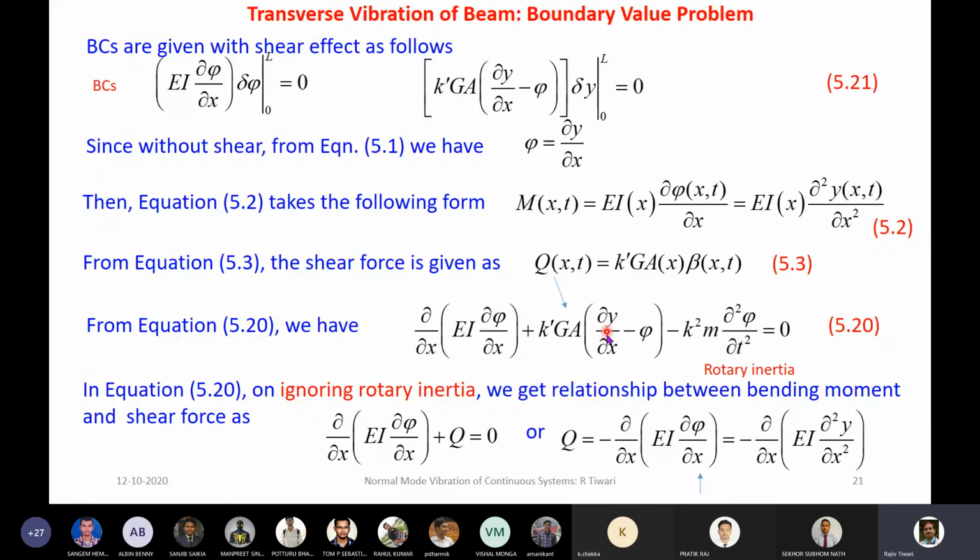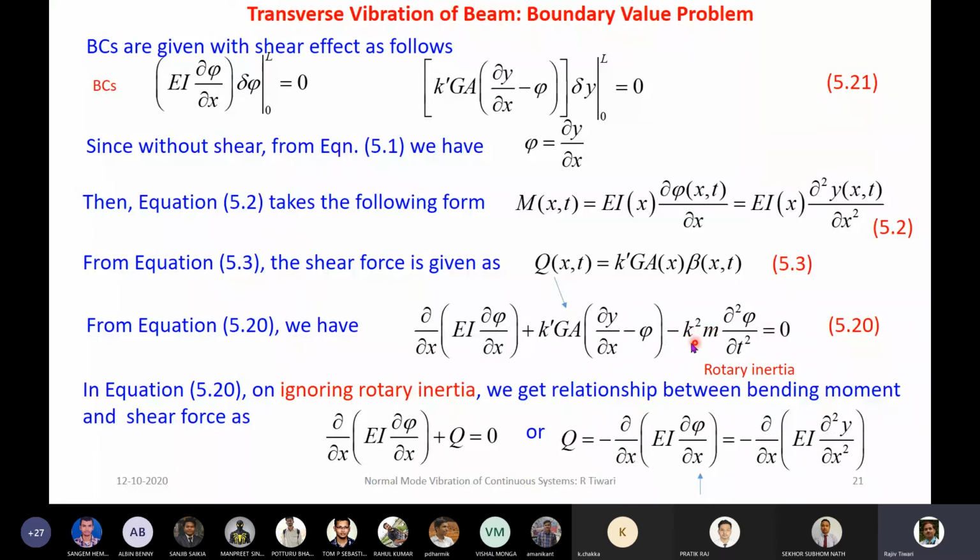So if we replace this term as shear force and ignore that K term that is here, this is the radius of gyration. K is the radius of gyration. K prime is the shear correction factor.